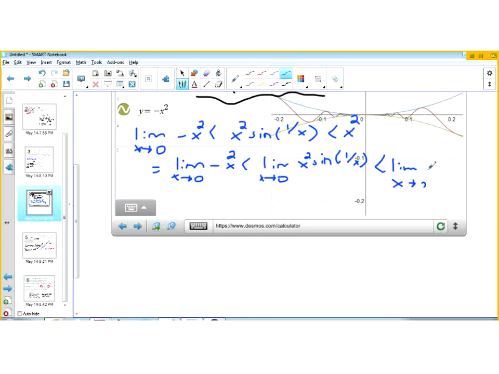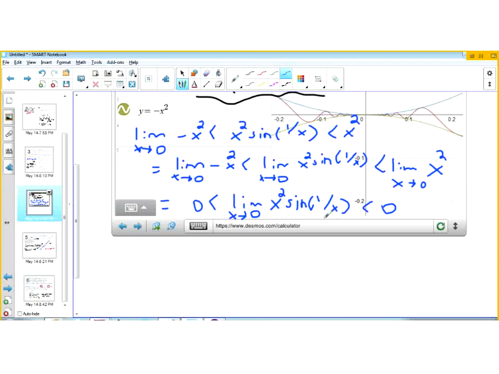The limit as x approaches 0 of x squared, right? Now, we can use direct substitution for this limit. So that's 0, which is less than the limit as x approaches 0 of x squared sine 1 over x, which is less than 0.